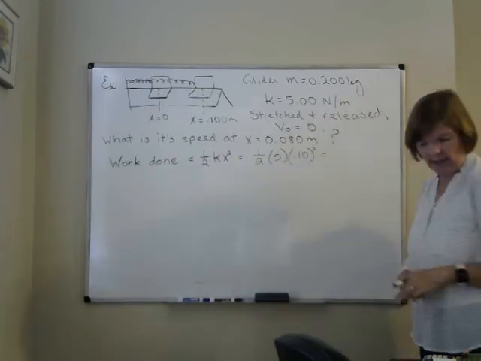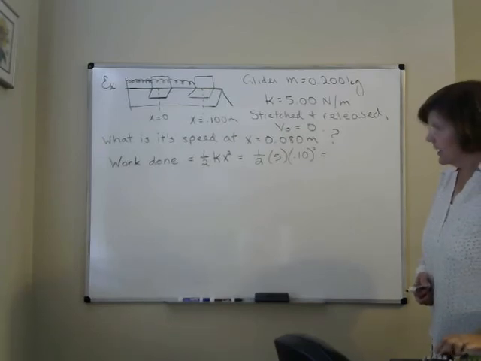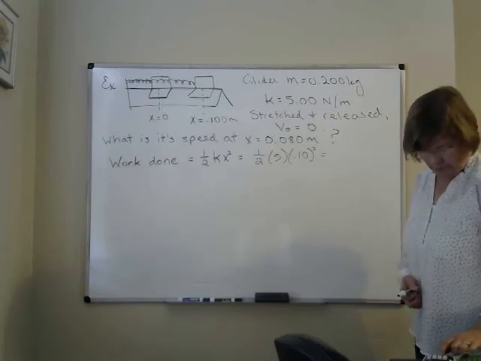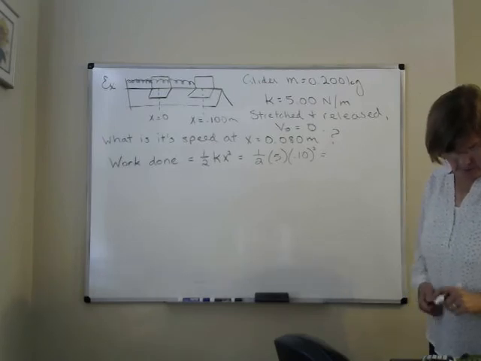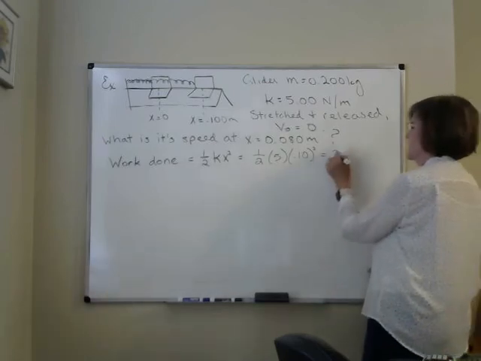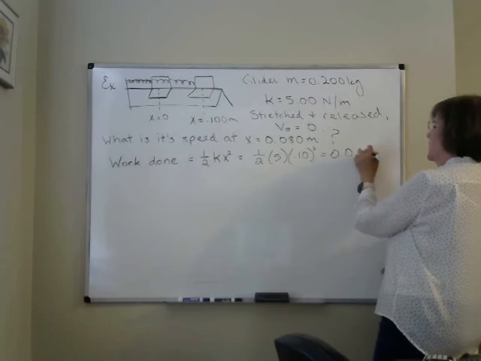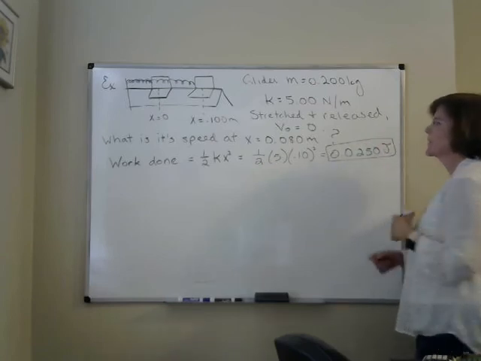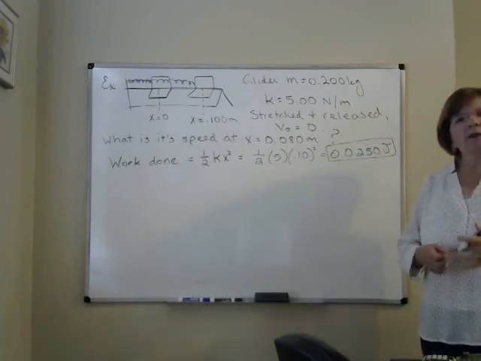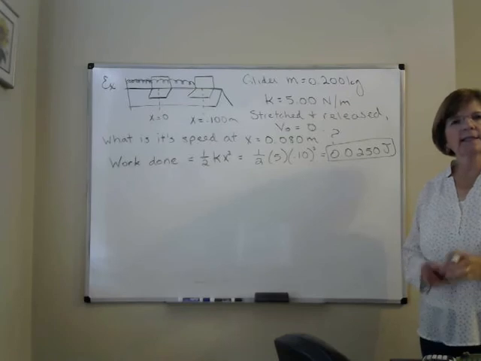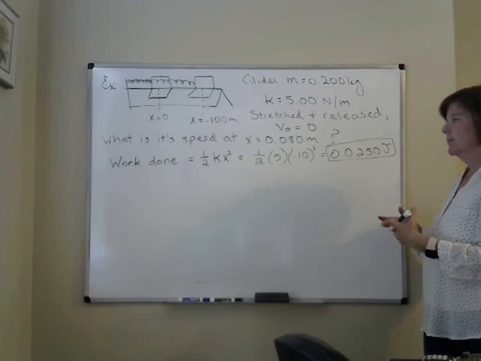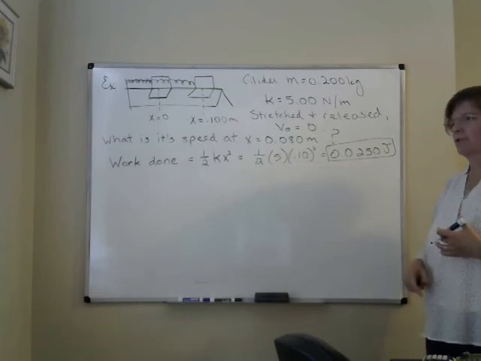So I have 0.5 times 5 times 0.10 squared. I get 0.0250 joules. That's how much work was done. That's also how much potential energy is in the system when I release it, okay? The work you did stretching it, remember that's our elastic potential energy formula.